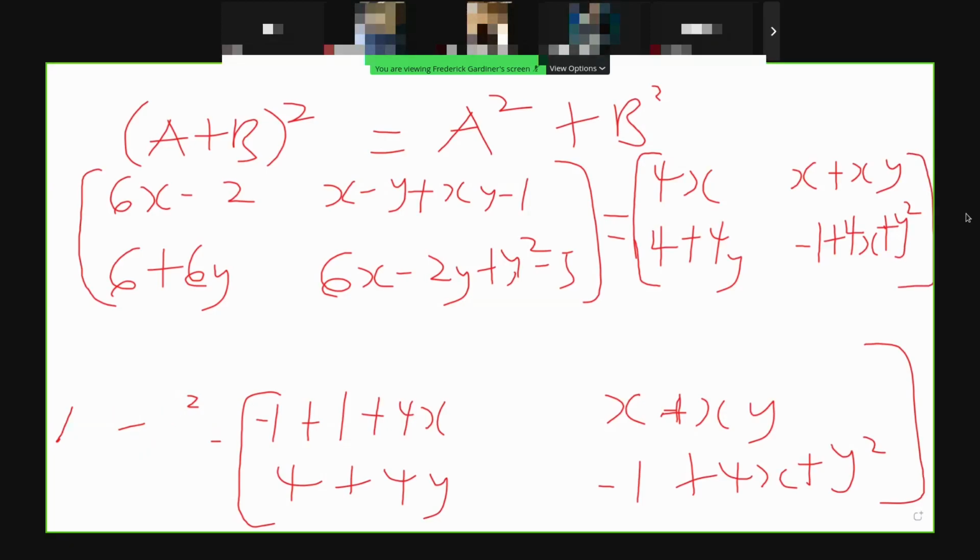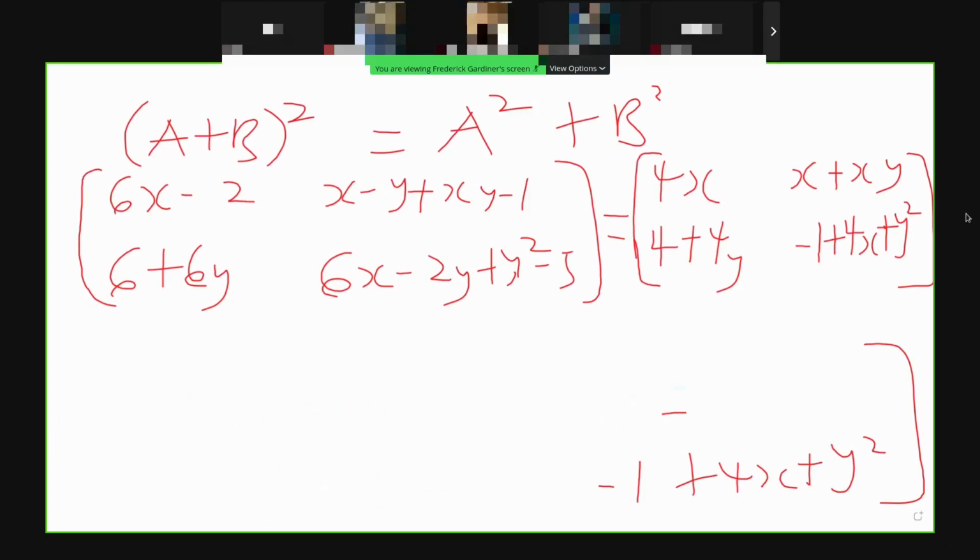So now we have computed the right-hand side and the left-hand side, and they are saying the left is supposed to be equal to the right. Then they say we should look for what? X and y. When you look at these two matrices that have been equated, what did we say about equal matrices?